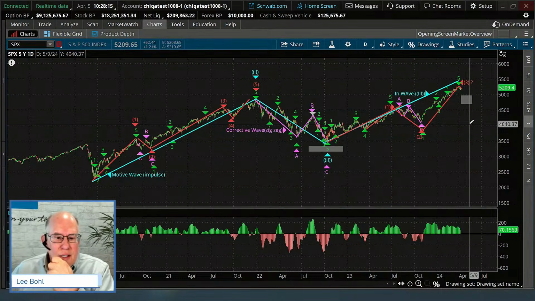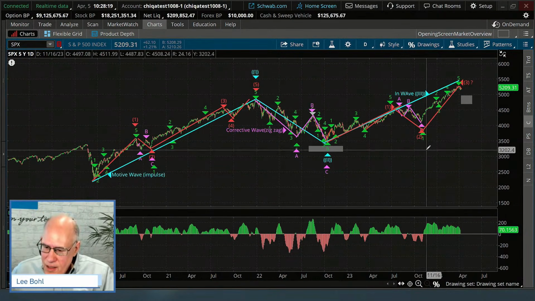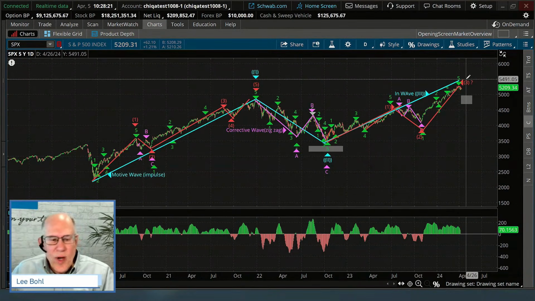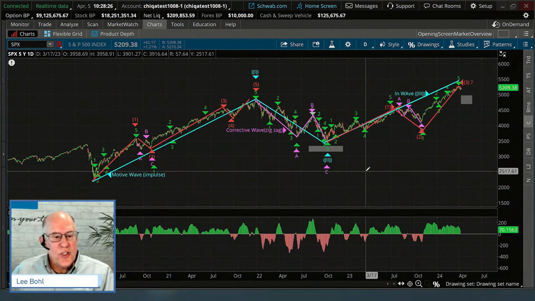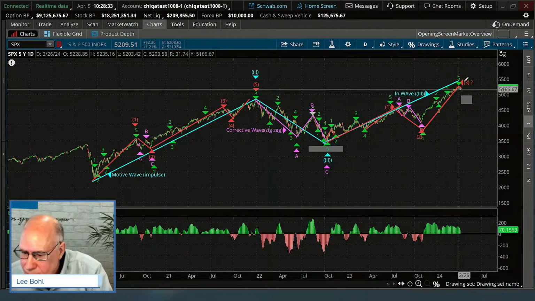That's correct. Yes. And Zink here is saying on a longer term time frame, it looks like the rally may have farther to go if three can't be the shortest wave. That's absolutely correct.